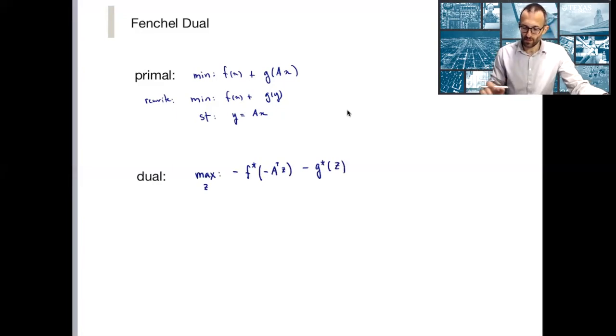This is a maximization over a new variable z, the dual variable z. So deriving this is straightforward. Let's have a look at how this works.